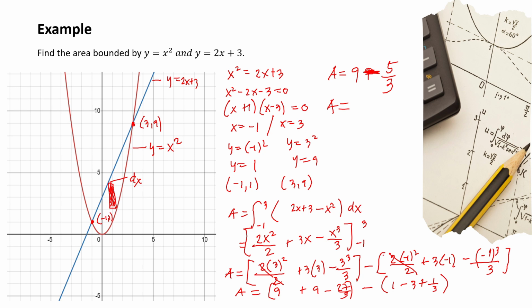Okay, so this is 5 plus 5 over 3, so this is 32 over 3 square units. So this is how to solve example number 3.